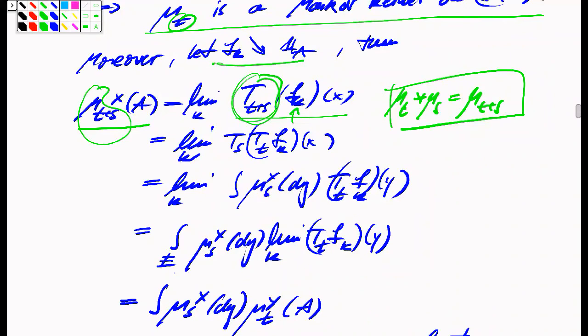Now by the semigroup property of these operators, we can also write T_{t+s} as a consecutive application of T_s and then T_t.